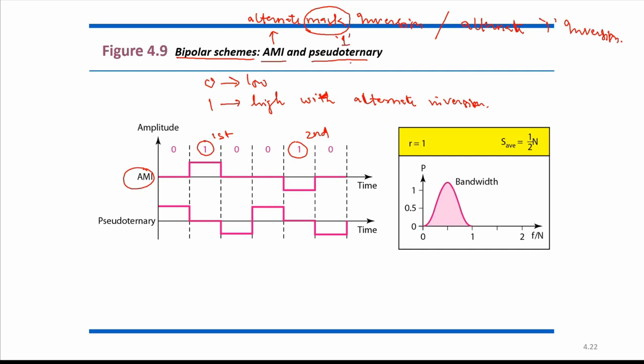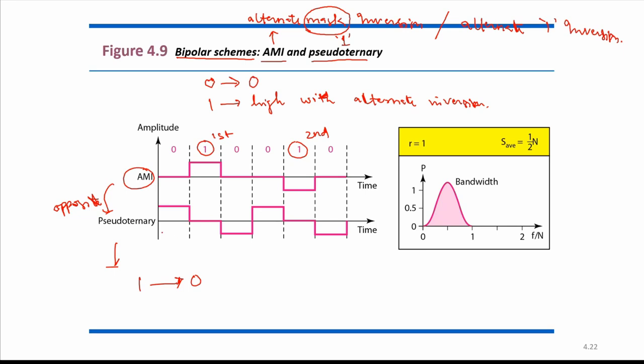Next one is pseudo ternary. Here it is just the opposite of AMI. That means if it is 1, it is represented by 0.